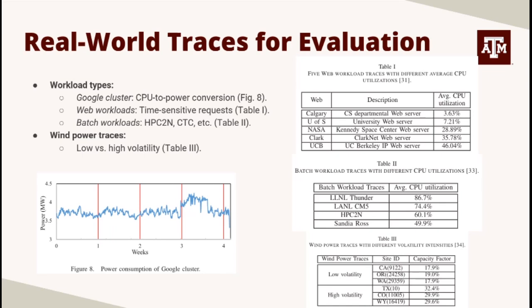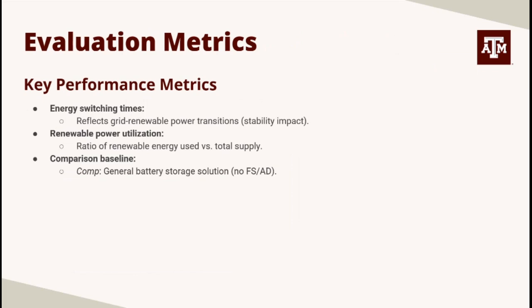We focused on two main metrics. First, energy switching times, a measure of how often the system had to fall back on grid power due to renewable fluctuations. Fewer switches means greater stability.